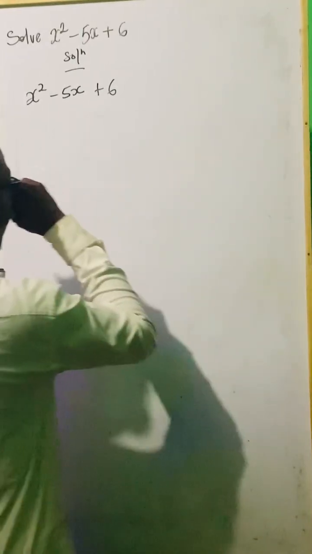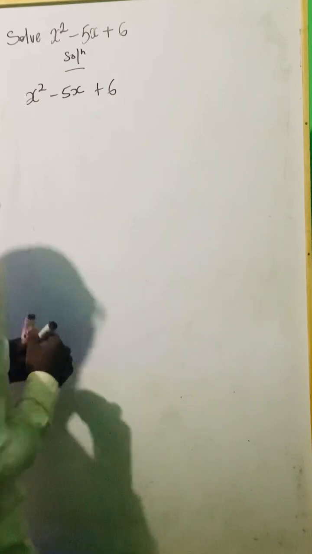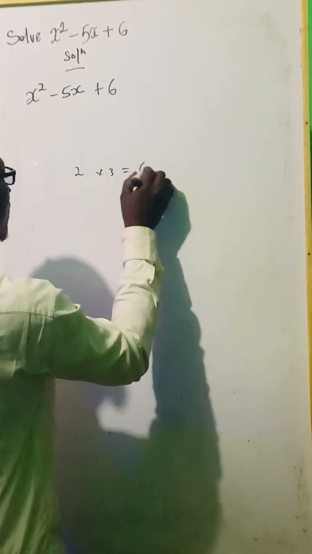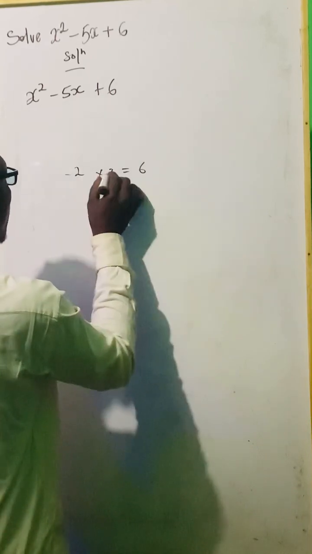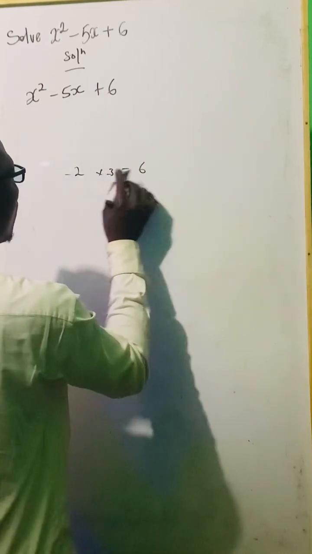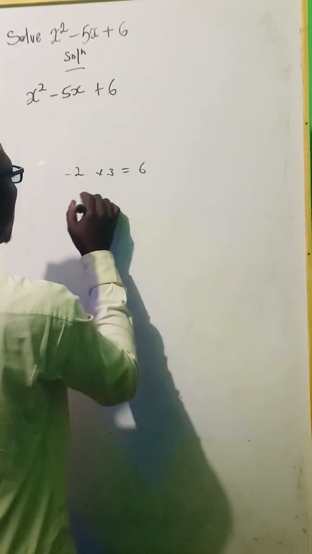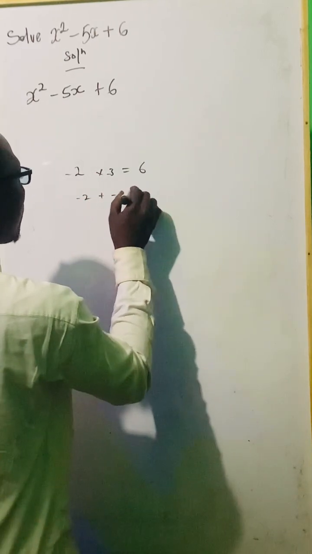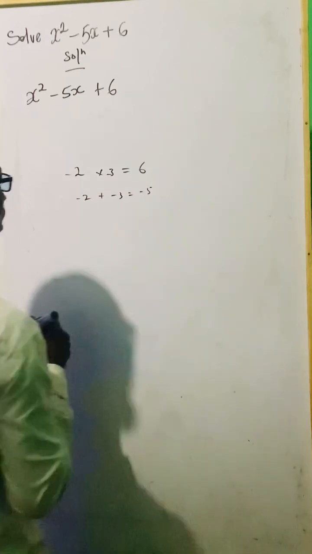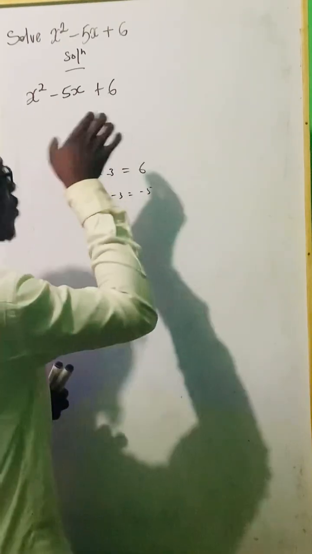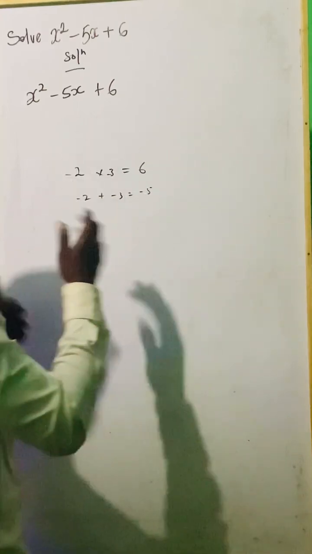We are going to use 2 and 3, because when you multiply 2 by 3, you get 6, and when you add -2 plus -3, you get -5. Is that clear? So -2 and -3 is suited for this place.